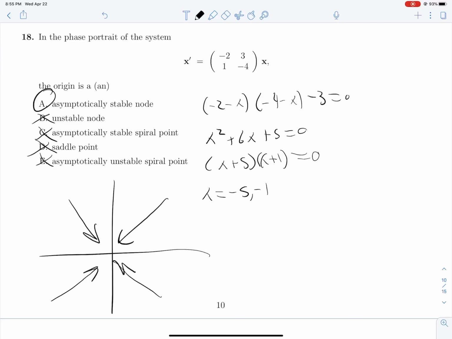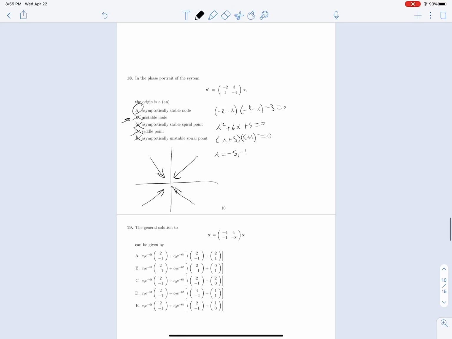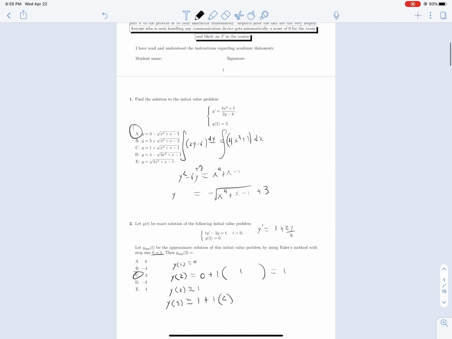Don't think of the spiral though, because the minute you think spiral, then we've got complex things going on. But yeah, they flow into the origin as time goes on. If you had the opposite, you pushed up the center, that's the same thing as our two positive eigenvalues. That would give us an unstable node. If you put anything around the vicinity of the origin, they will flow radially away from the origin as t approaches infinity. So 18 is A.